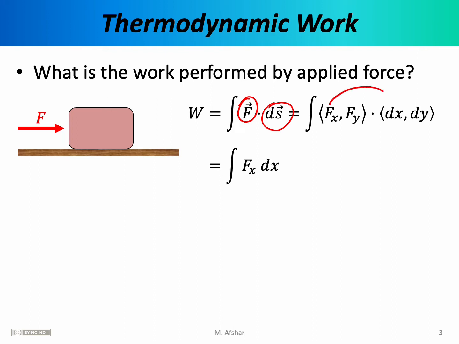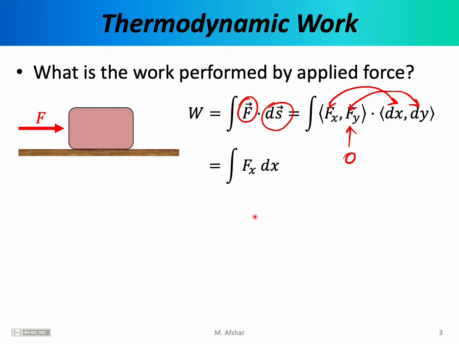We can calculate the dot product by multiplying the x components, then multiplying the y components, and then adding those together. For now, for the sake of simplicity, we'll assume that the y component of the force is 0. So we'll assume that the force points only in the x direction, in which case the work performed by this force on this box is equal to the integral of Fx dx.